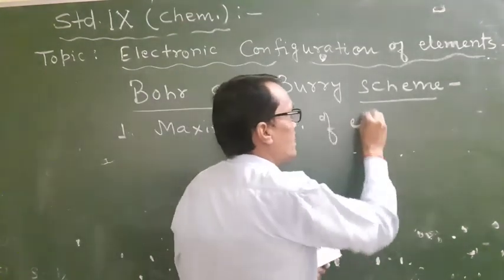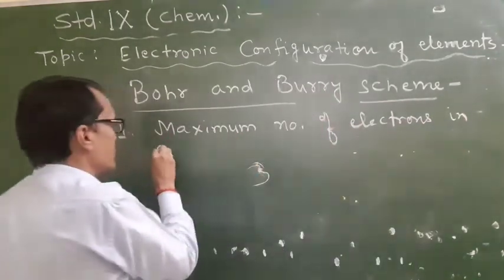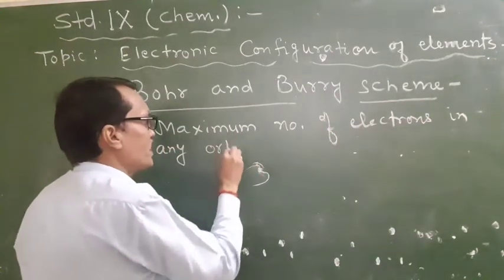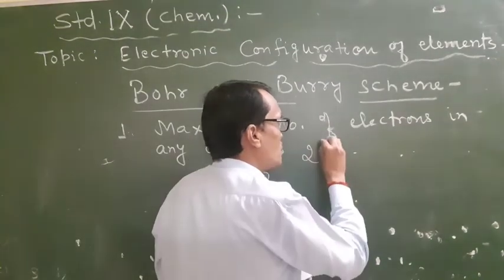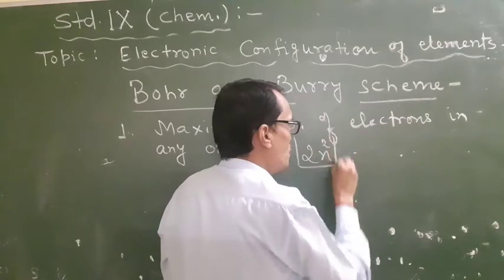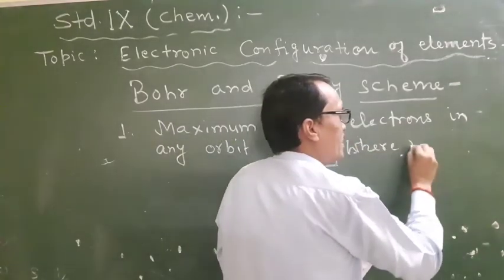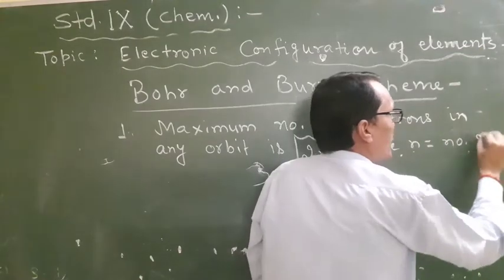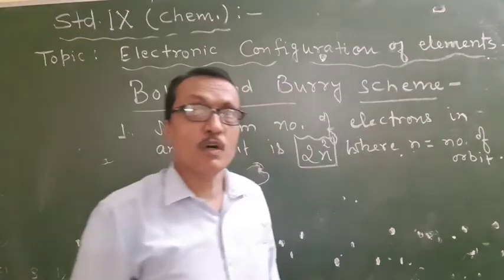The maximum number of electrons in any orbit is 2n squared, where n equals the number of the orbit.